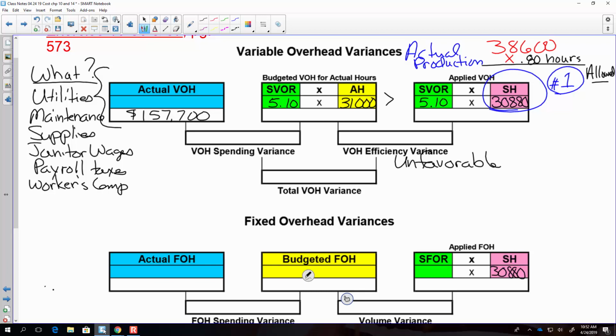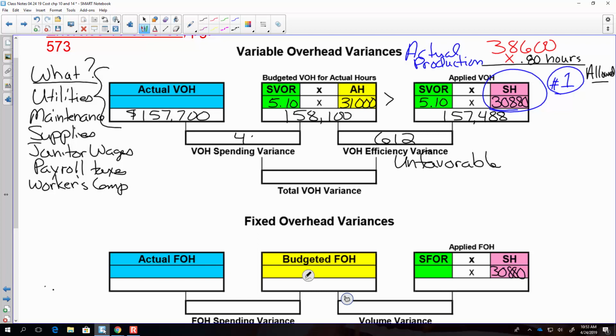So if we multiply those out, I have 158.1, I have 157,488, a difference of 612,400.